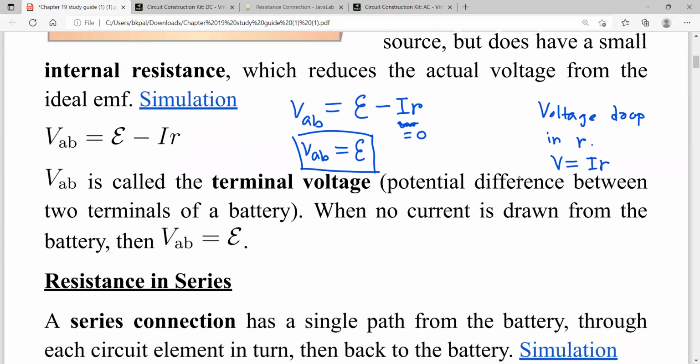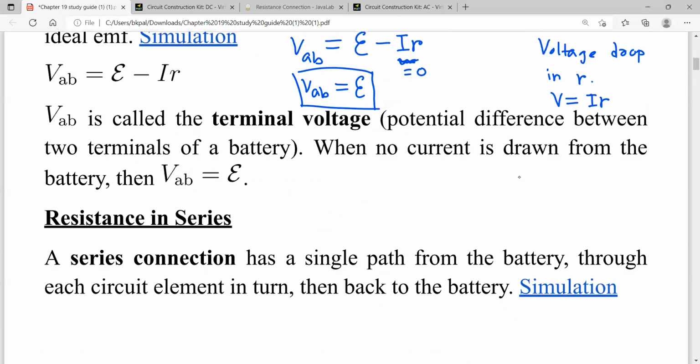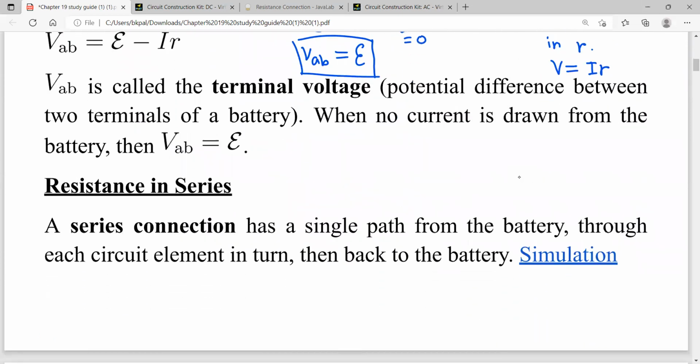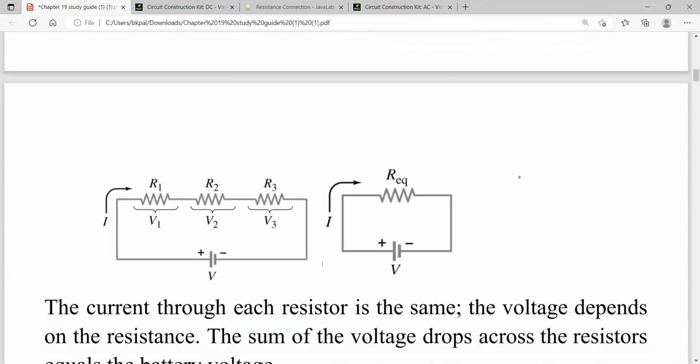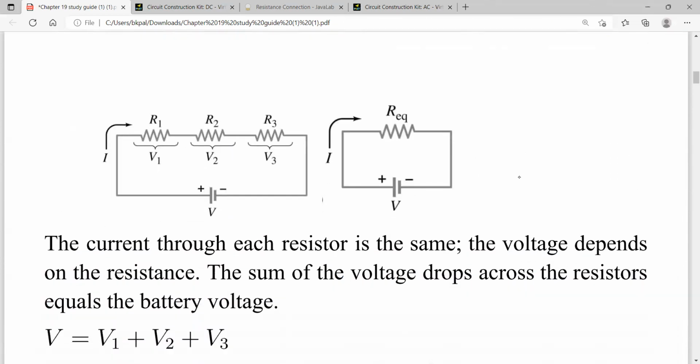Okay, all right. The next thing is resistance in series and resistance in parallel. Several resistances can be connected this way. So you see here R1, R2, and R3 connected like this, one after another.